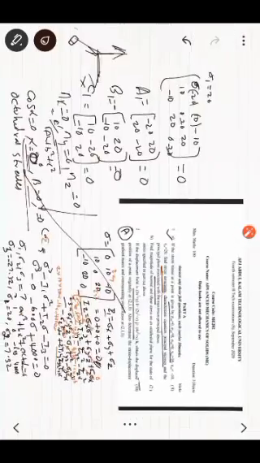Nx equal to 0 means... let me check this again. Cos alpha equal to 0, we get 1, 1, 1.